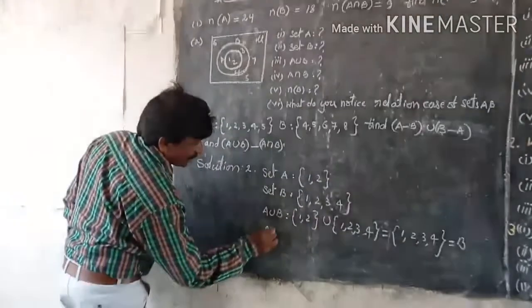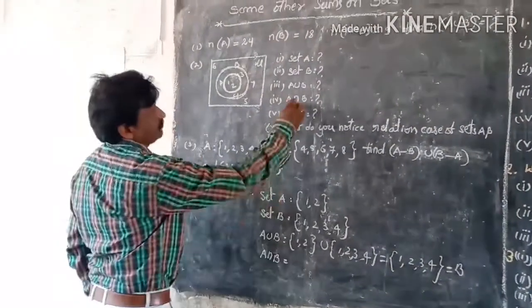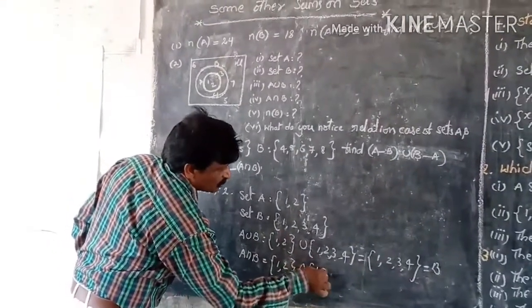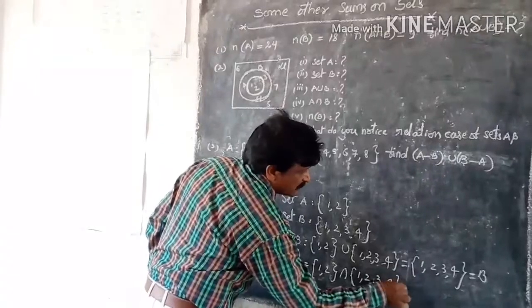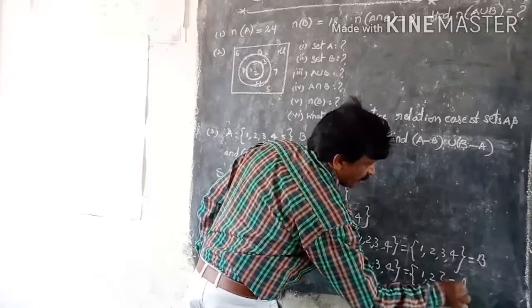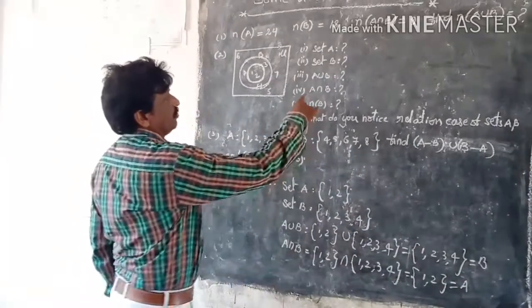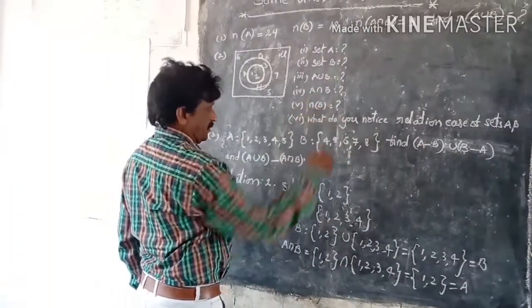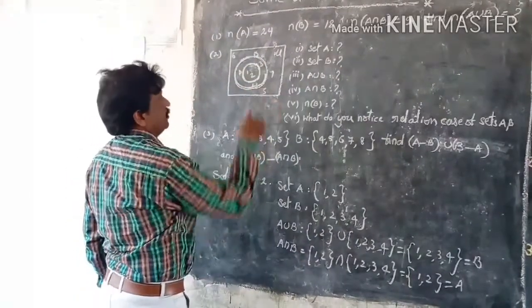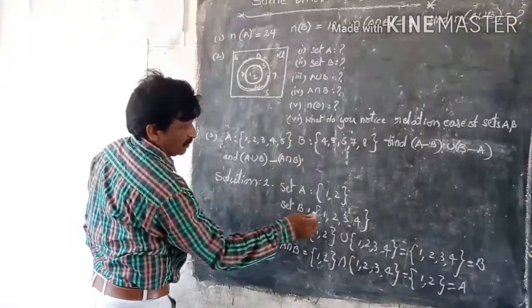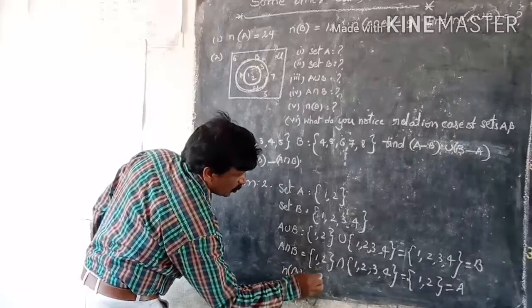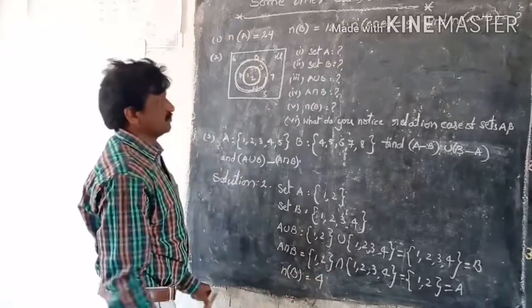Next, A intersection B: 1, 2 intersection 1, 2, 3, 4 is equal to 1, 2, which is equal to A. Next, the number of elements in B: 1, 2, 3, 4, so n(B) is equal to 4 elements.